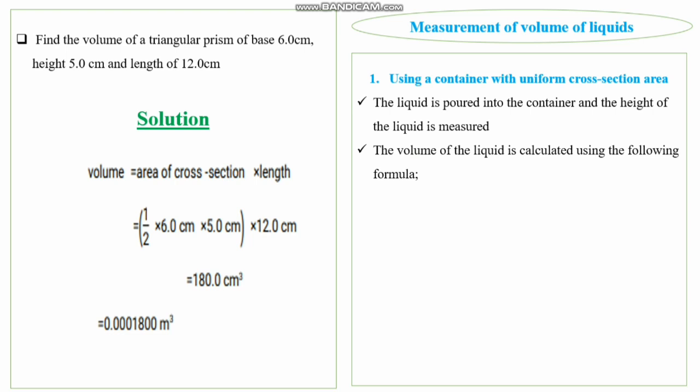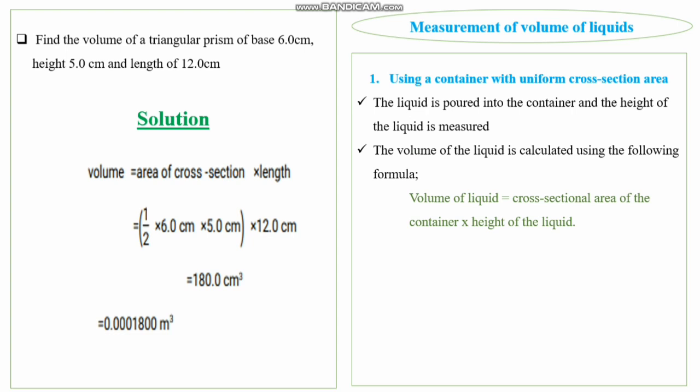The first thing we must know is that the volume of water takes the volume of the container. That means that if we can calculate the volume of the container, we can easily know the volume of the liquid. And the volume of the containers is calculated based on the formulas that we have discussed previously.